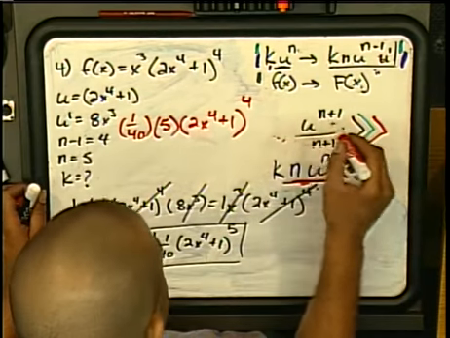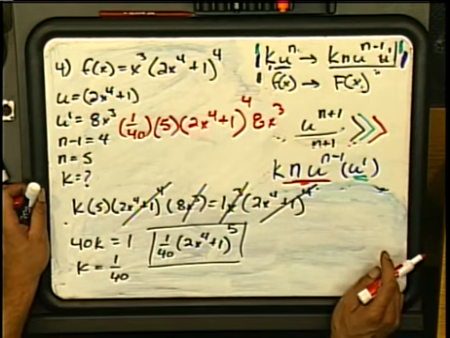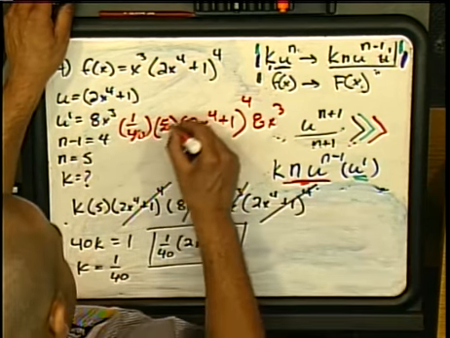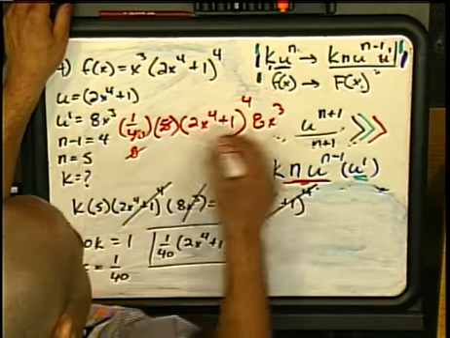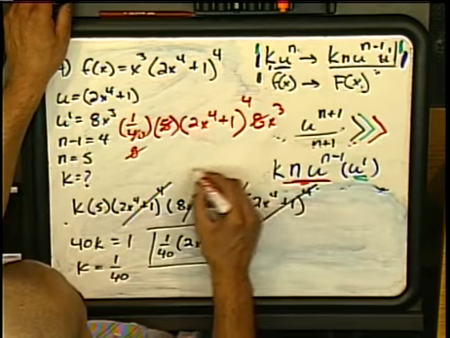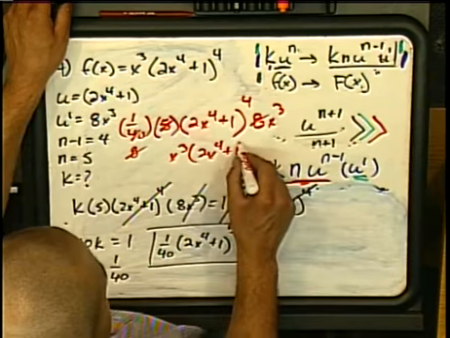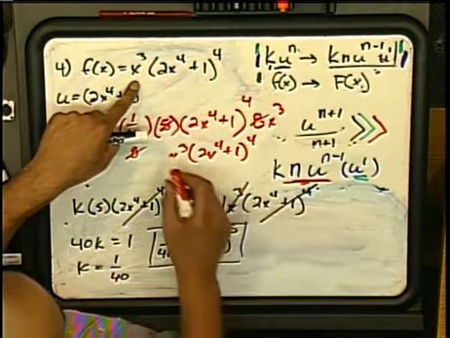U prime is 8x to the 3rd. See what we get. This cancels to 8 on the bottom. That 8 cancels. You're left with x cubed, 2x to the 4th plus 1 to the 4th. Yep.